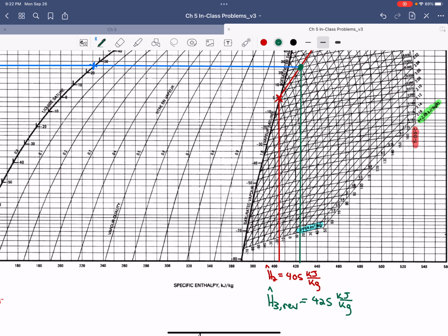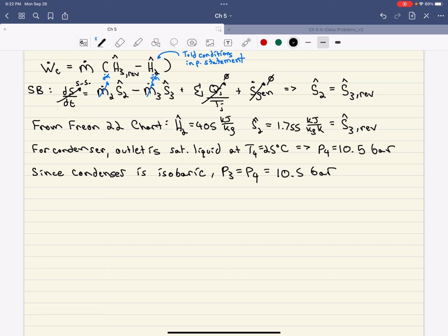Okay? All right. And so now that we have that enthalpy, from the Freon chart, H3 is going to be 425 kilojoules per kilogram.